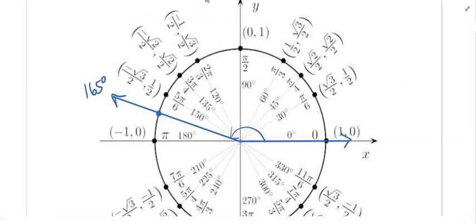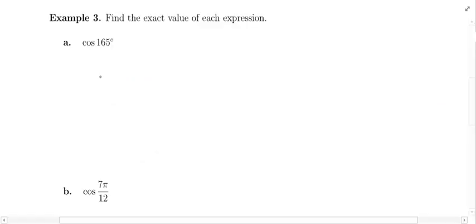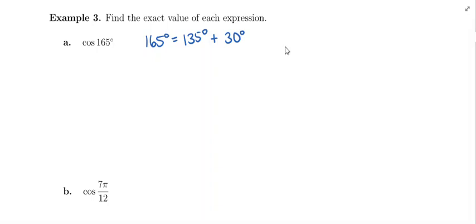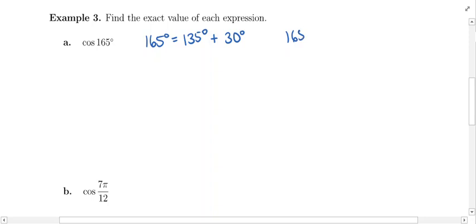The first thing that jumps out in my mind is 165 degrees is 135 degrees plus 30 degrees. Those two angles, if you add them up, you will get 165 degrees. Another pair: you could also do 120 degrees plus 45 degrees. That's another pair that works.